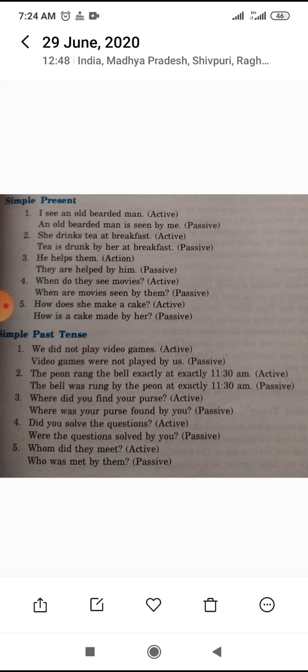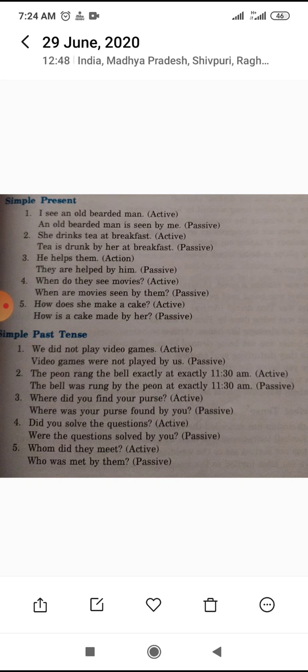For example, we can learn this sentence by making it simple, by changing it first into an affirmative sentence. If we change when do they see movies into an affirmative sentence, we get they see movies.